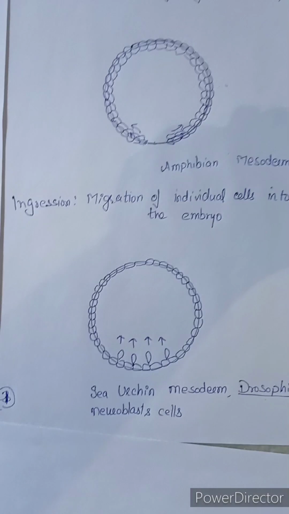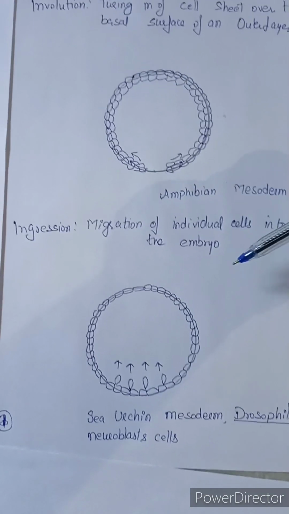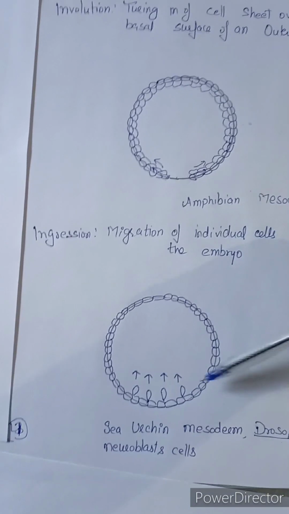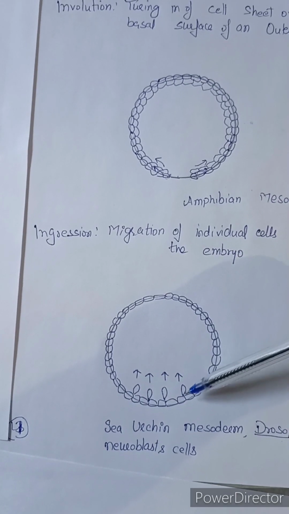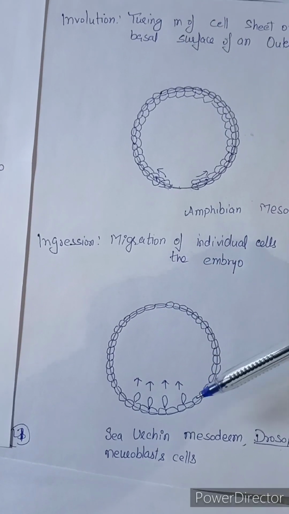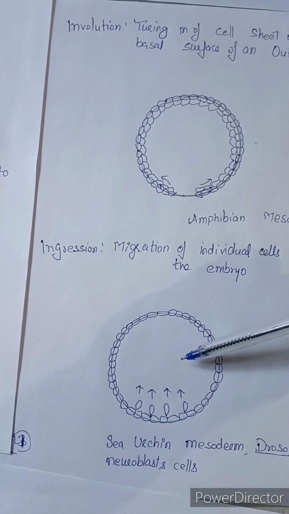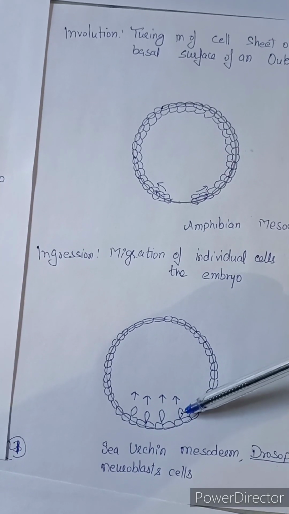Next, if we talk about the next type of cell movement, that is ingression. Here you can see that individual cells move into the embryo. The complete intact layer is there, and single cells get detached, and finally movement is there toward their final destination. It is not the detachment of the individual layer, it is not the enfolding of cells.